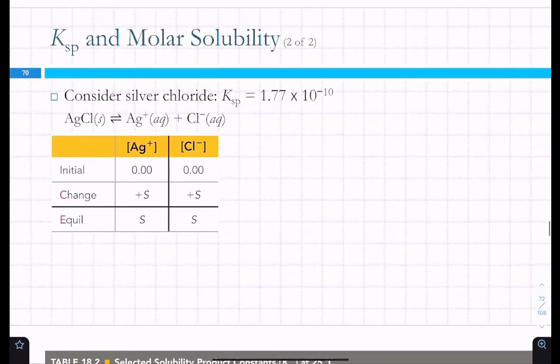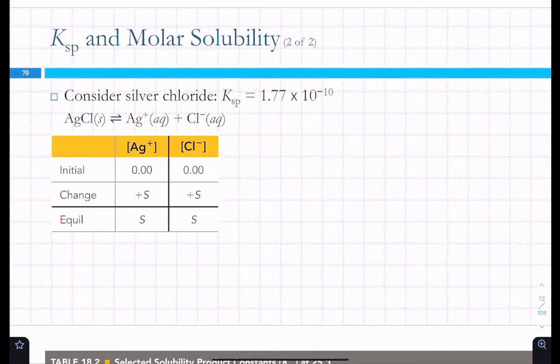So if we look at KSP and molar solubility for silver chloride, when you add a solution of silver chloride, we can create an ice table and say that when you first put that solid into the solution, it's going to dissolve, but how much? So we can calculate the molar solubility without even having any values to plug in for silver or chloride.